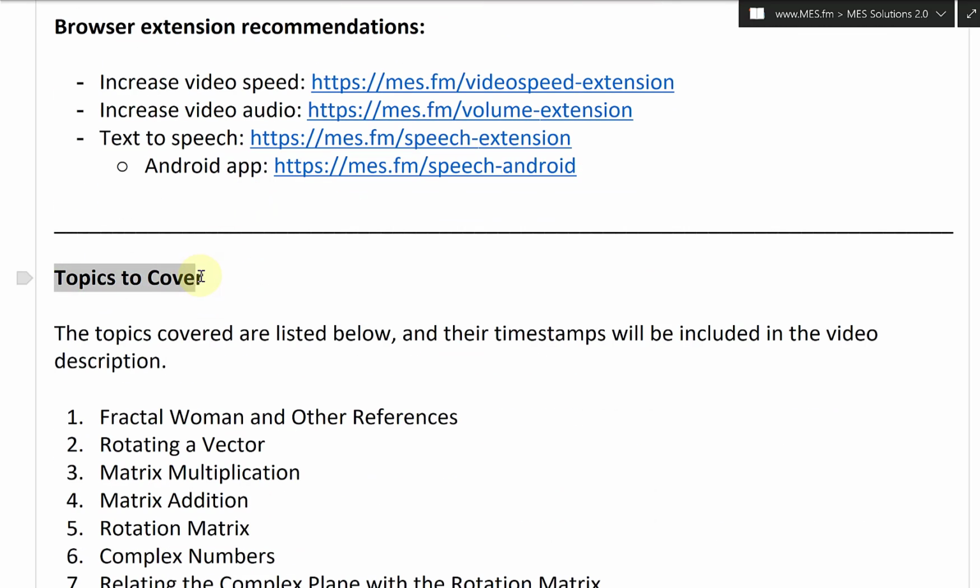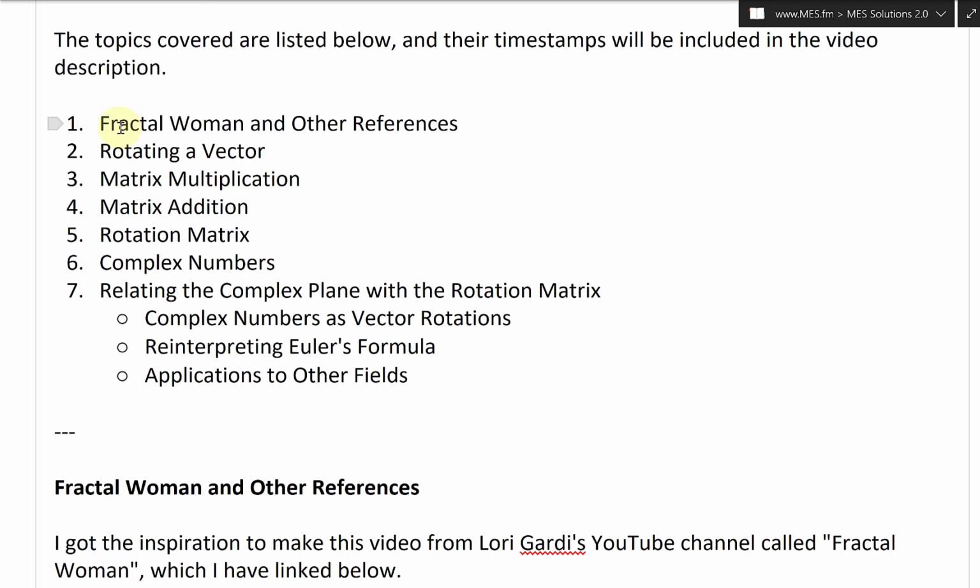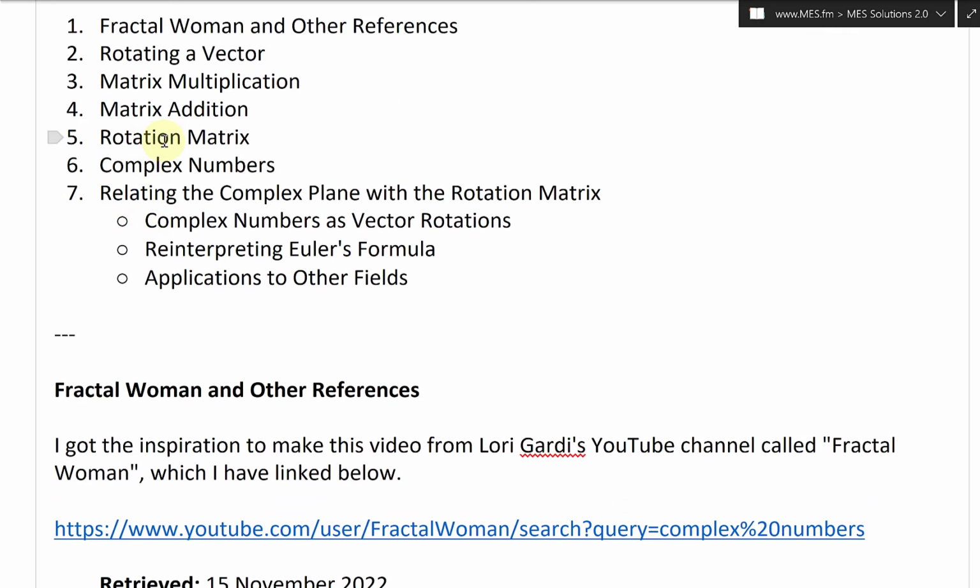So let's look at the topics to cover. The topics covered are listed below and their timestamps will be included in the video description. So we have Fractal Woman and other references. Then we'll go over rotating a vector, and then look at matrix multiplication, matrix addition, then the rotation matrix, and then complex numbers, and then relating the complex plane with the rotation matrix.